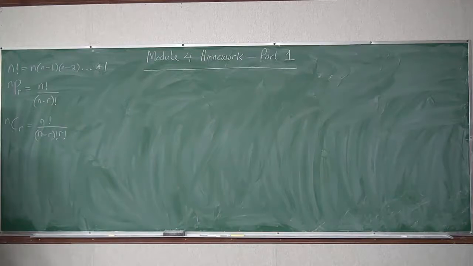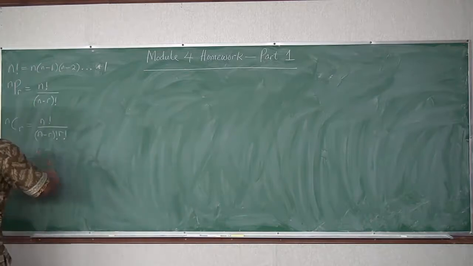As you can see here, n permutation r is n combination r times r factorial.